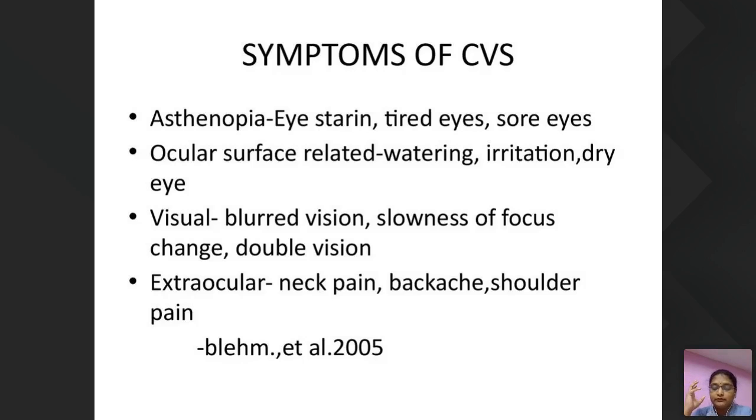There are many other pathological causes, but one of the causes in computer vision syndrome is that we are constantly staring at the computer screen without blinking. Nowadays people, even children and youngsters, forget to blink. Usually we blink many times.